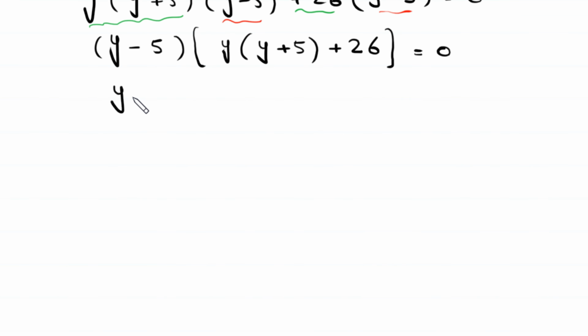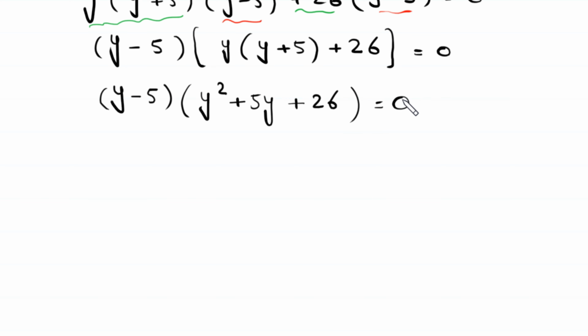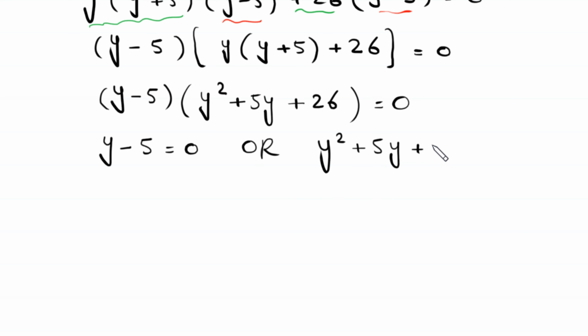Next, y minus 5 times y squared plus 5y plus 26 is equal to 0. From here, either this expression y minus 5 is equal to 0 or this expression y squared plus 5y plus 26 is equal to 0.